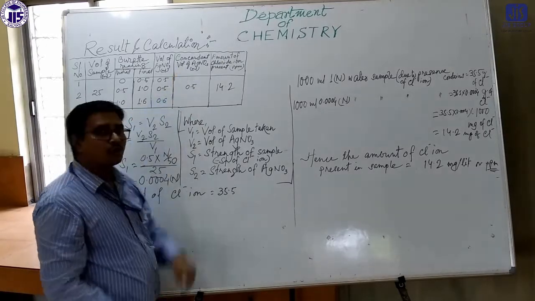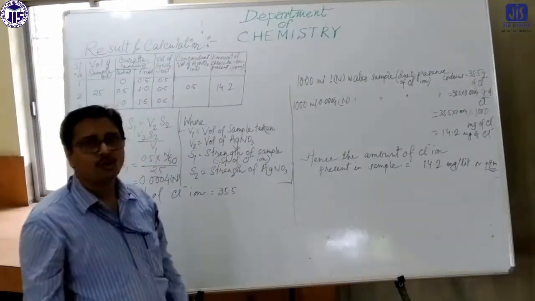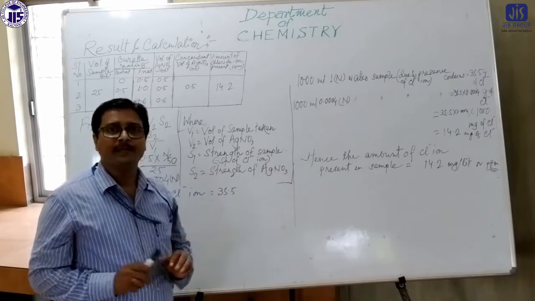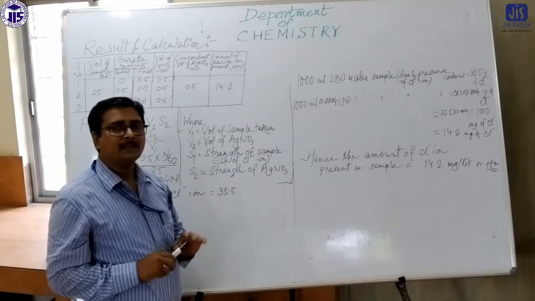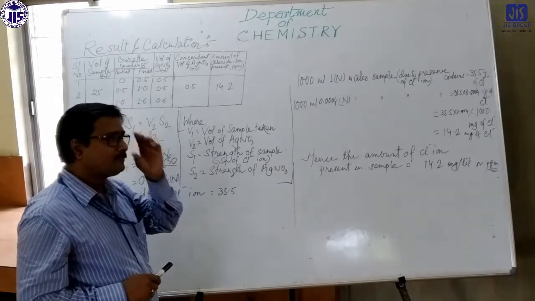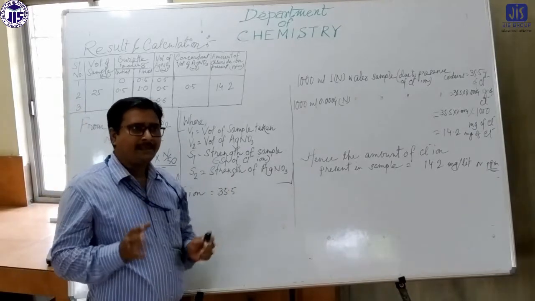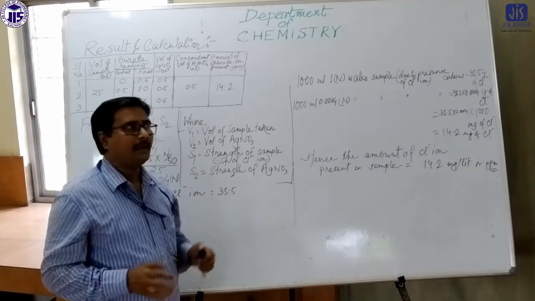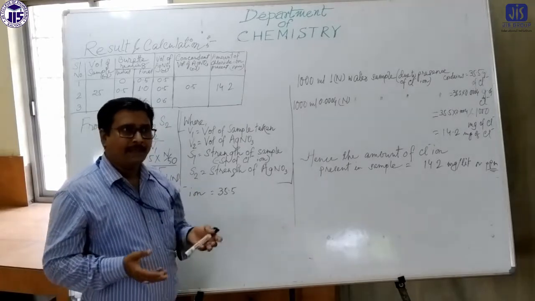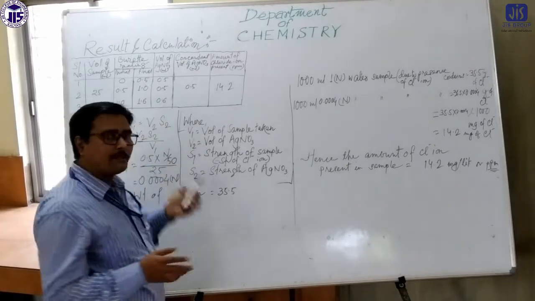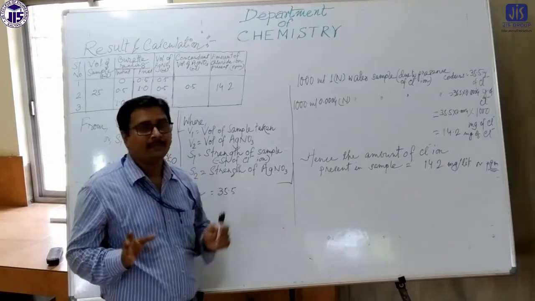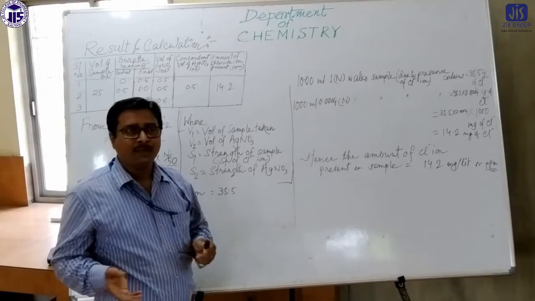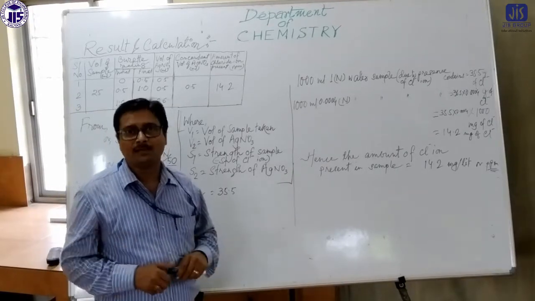Now the next column is concordant reading. What is concordant reading? Concordant reading means 2 consecutive readings which are the same. If we do the practical properly, from using the apparatus properly to titrating properly, then every observation should be the same, but that is not always possible, because as human beings we may make some errors.